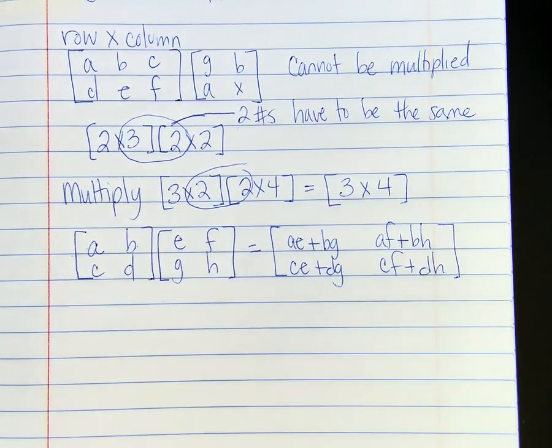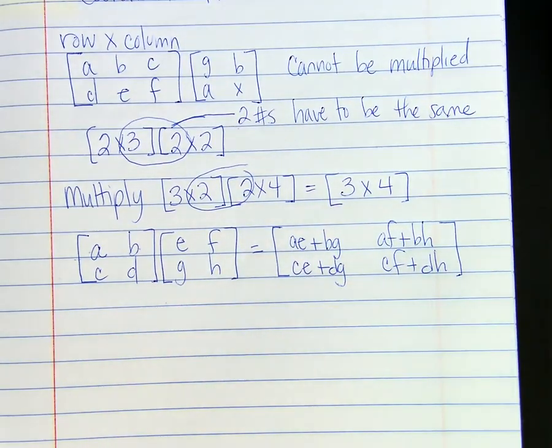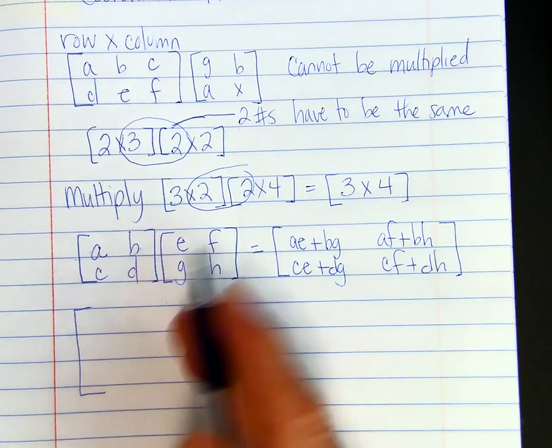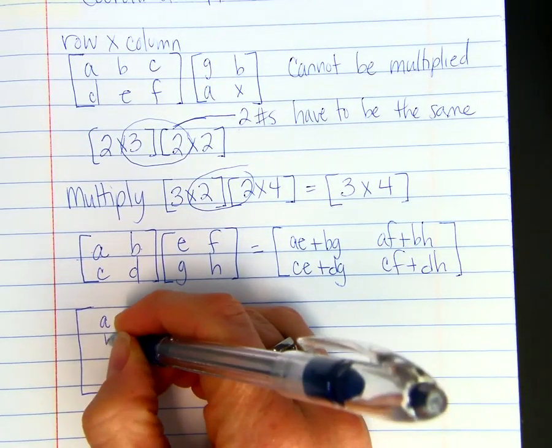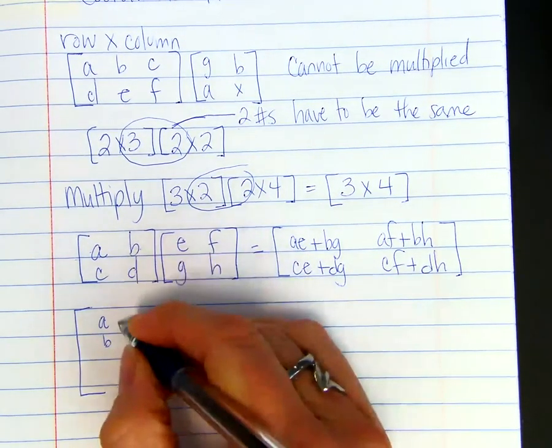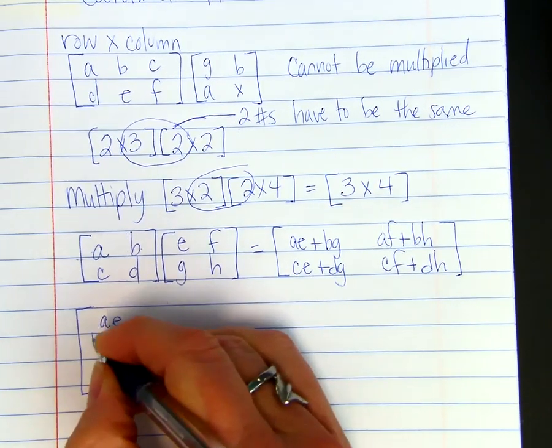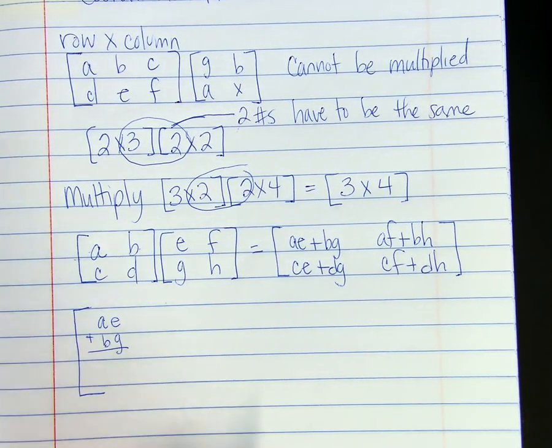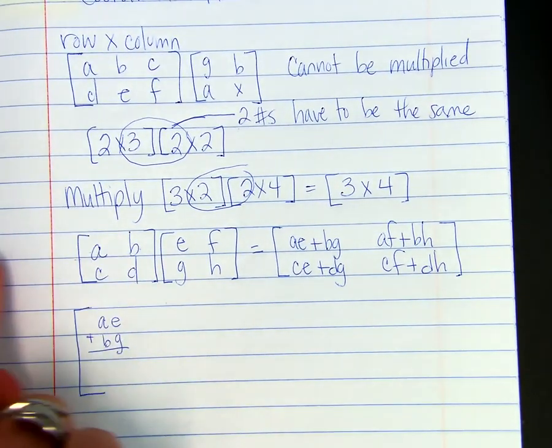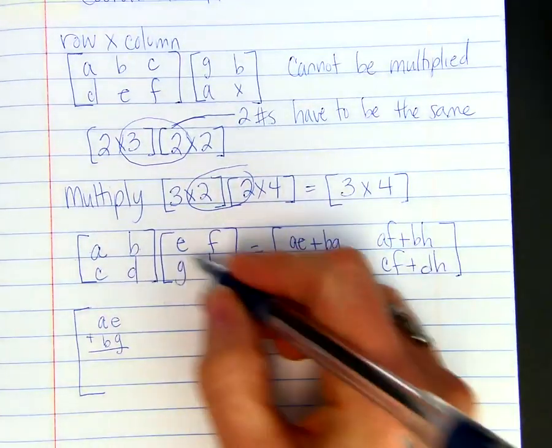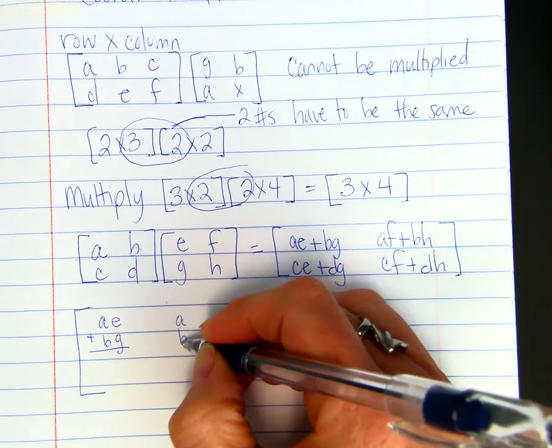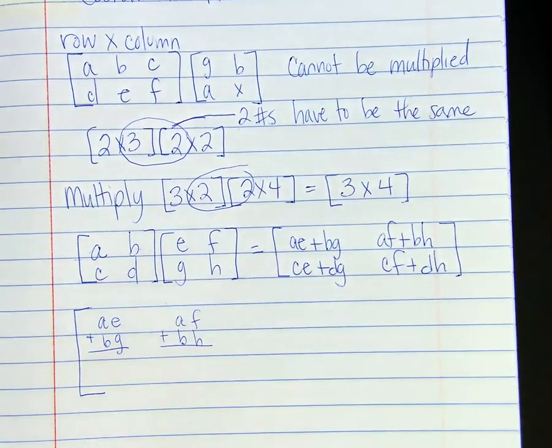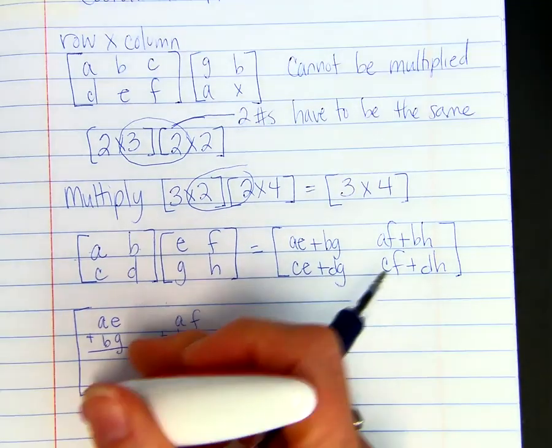So you take your first row, A, B, and write it like that, and then E, G, and then you add those together, and that will give you your first element right there. Then you take this first row, second column, and line them up, A, B this way, and F, H, and add them. And that becomes that second element.